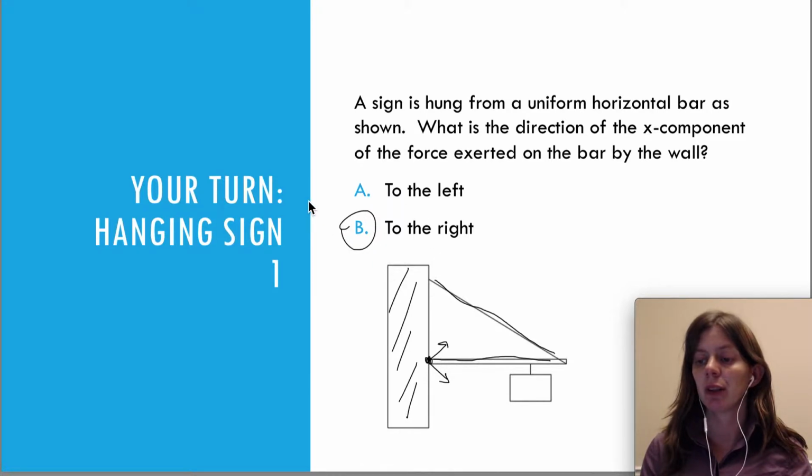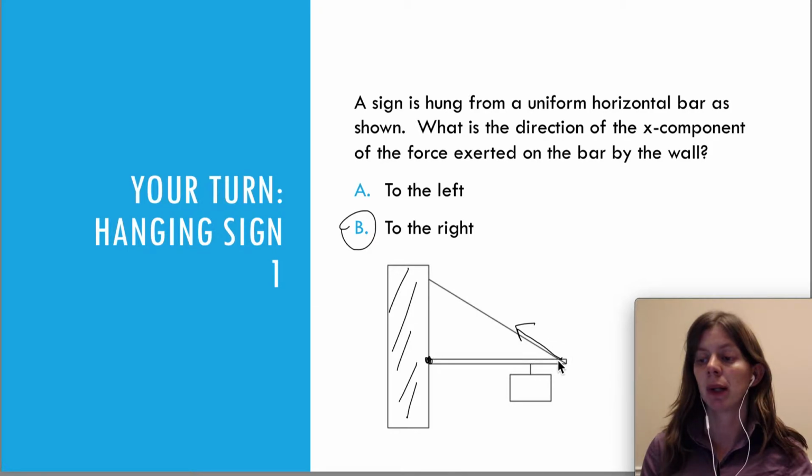But the purpose of this problem is to apply that first condition of equilibrium. Let's say we didn't know which way the force was, but we knew that the tension in that cable always points away from the object, which is this bar. So that means that the tension has a component in the x direction to the left.